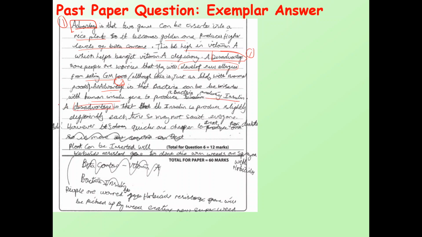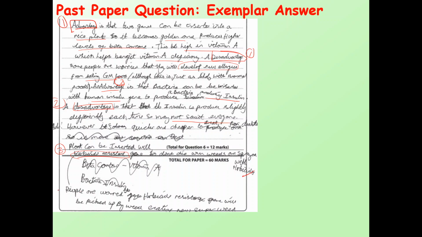Disadvantage, we're talking about our second disadvantage here, is that the insulin can be produced slightly differently each time, so it may not suit everyone. However, it is quicker and cheaper to treat diabetes. Plants can be inserted with herbicide resistance, so we're actually talking about a third advantage there. So they don't die when weeds are sprayed with herbicides.